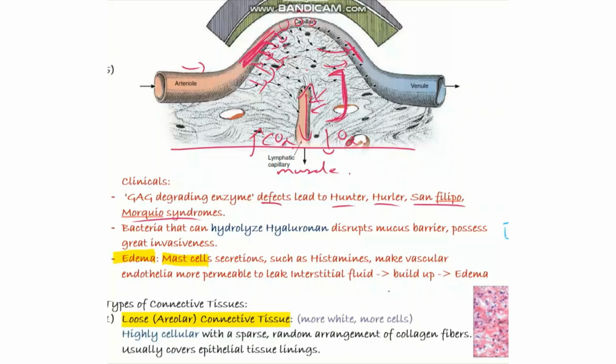And the way they do that is by releasing secretions such as histamines or serine proteases, and chemotactic factors, etc. So secretions that cause the inflammation, such as histamines, make vascular endothelium more permeable to leak interstitial fluid. The more permeable the vascular endothelia, the more water would be moved out, and it would cause a buildup of water outside in the extracellular matrix, which would lead to edema. All right.